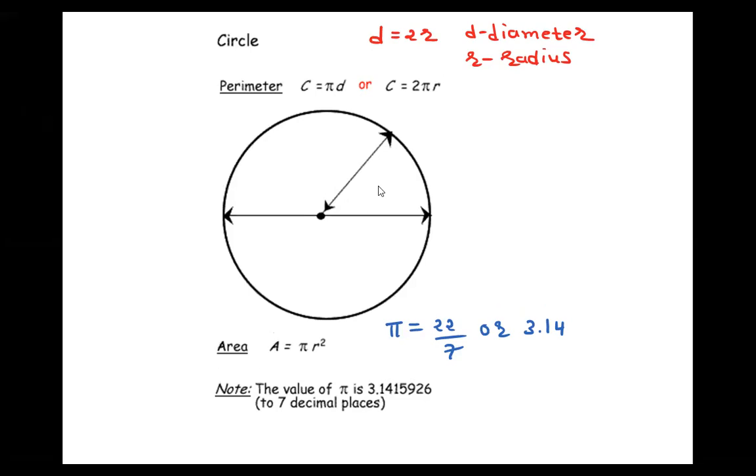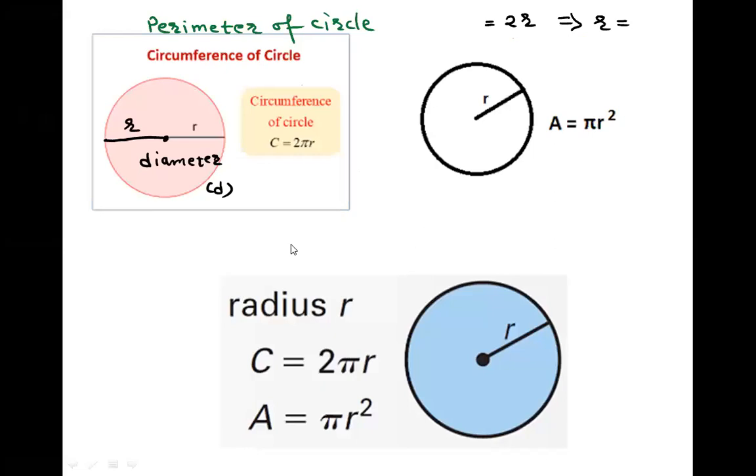Now, the next thing is, remember these two words, the perimeter and the circumference both are equal.